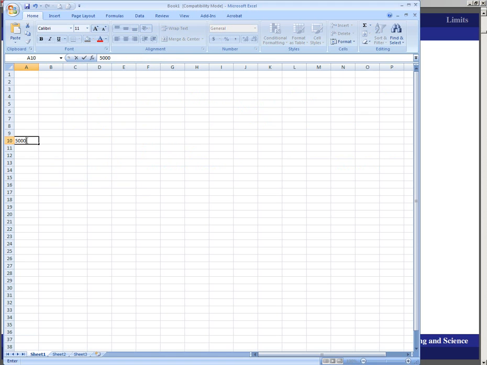So you start with $5,000 in the account, and then you take 1 plus 0.08 and multiply that with what you had in the previous year. And so yes, 8% of 5,000 is 400. So after 1 year you will have $5,400.